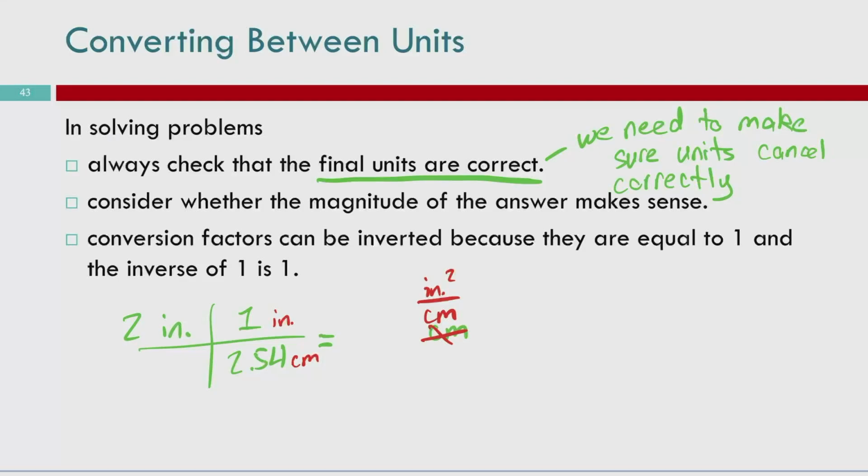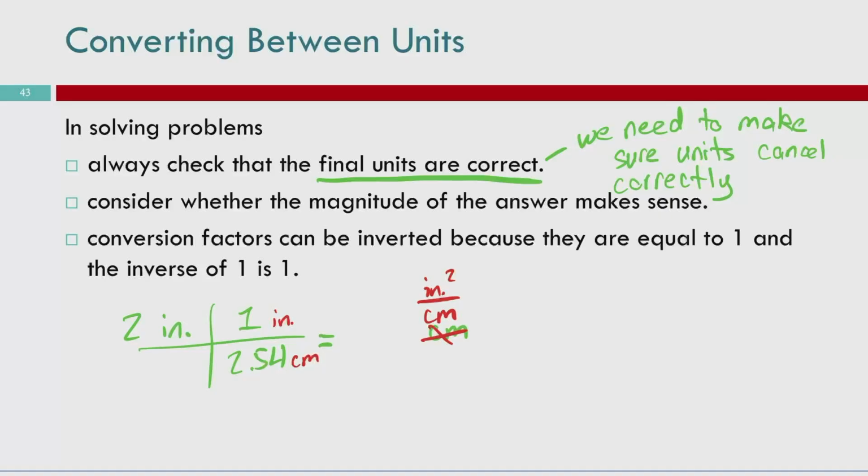Does that mean anything to anyone? Inches squared per centimeter? Doesn't mean anything to me. I've called them crazy people units before, but maybe that's a little bit insensitive. Nonsense units.